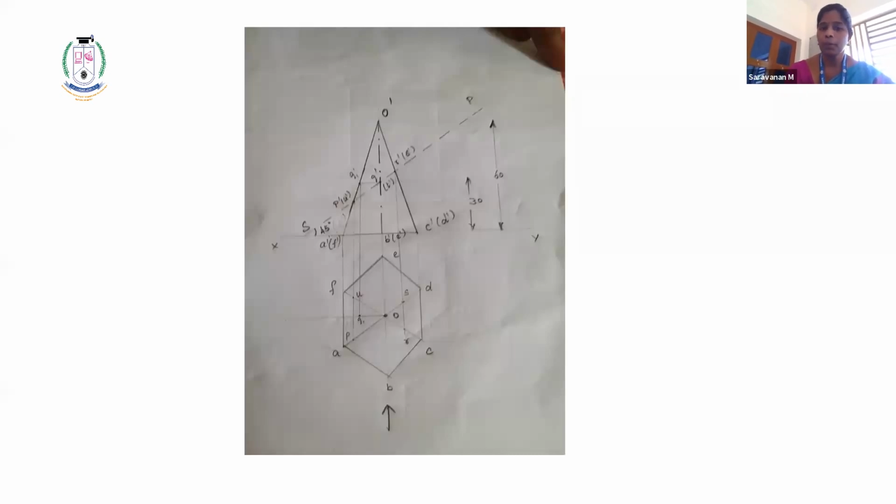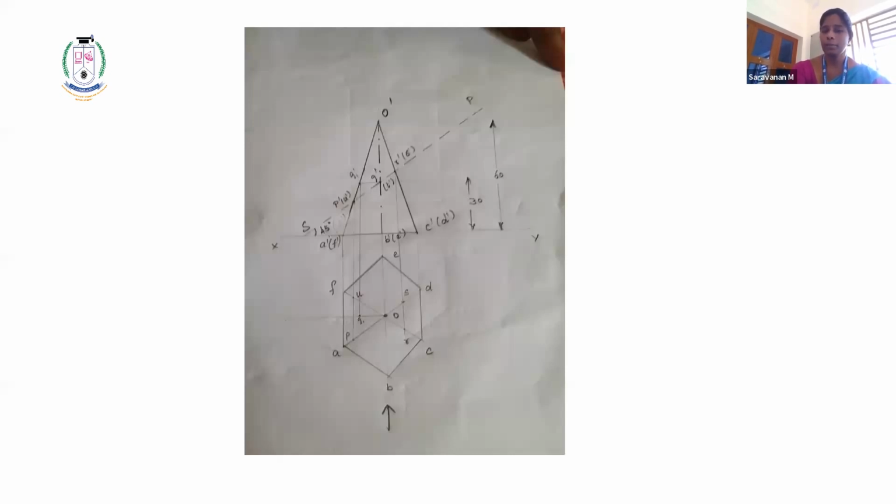From the point Q1 dash, again project towards the top view. If you project a line towards the top view, then in the top view, from the point O, you have to draw a horizontal line. The Q1 projection line and the O line will intersect at a point.